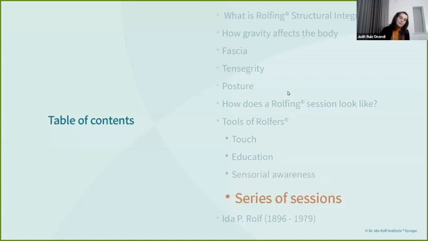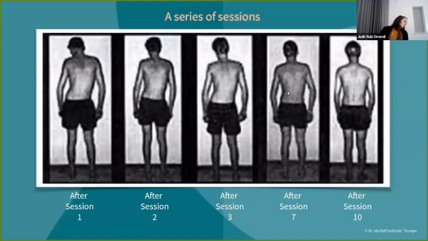And as I said, we are going through a series of sessions. Traditionally, we go to what we call a 10-session series. Here we have an image of a young man that went through the 10-session series, and you can see how after session 1, if you compare the right side of the body and the left side of the body, they are pretty different.